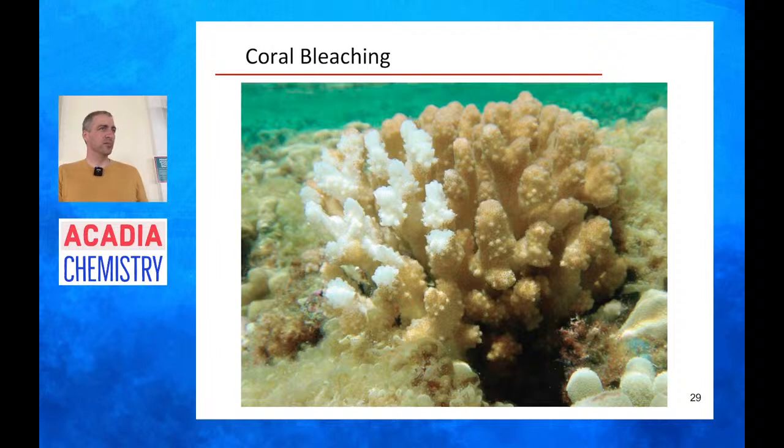More doom and gloom. Coral bleaching is another thing. Coral is made up of colonies of small organisms that secrete calcium-based shells. Healthy coral has a darker look. It's constantly growing and very important for creating habitat for all kinds of sea life.